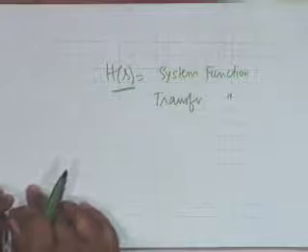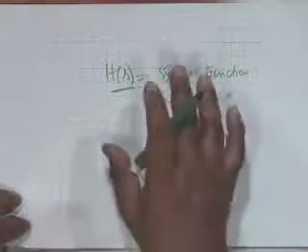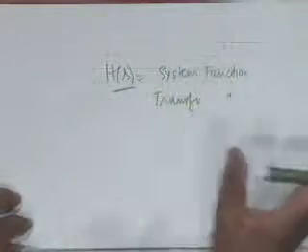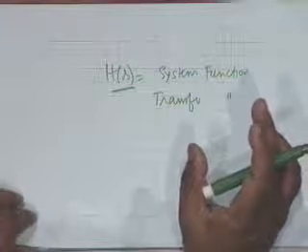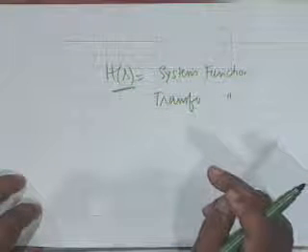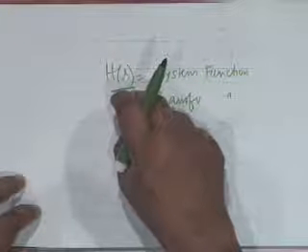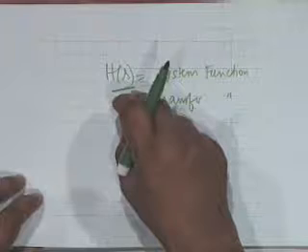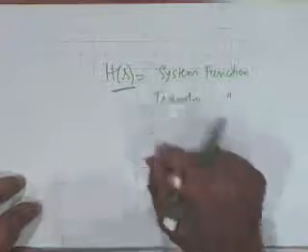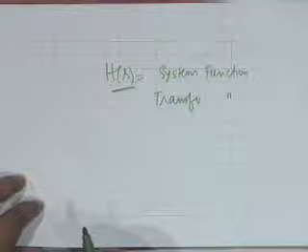This must be made clear: the Laplace transform may exist, the Fourier transform may not exist. It may be quite appropriate to talk about H of s, but it may not be appropriate to talk about H of j omega, because H of j omega may or may not exist. This must be distinguished.